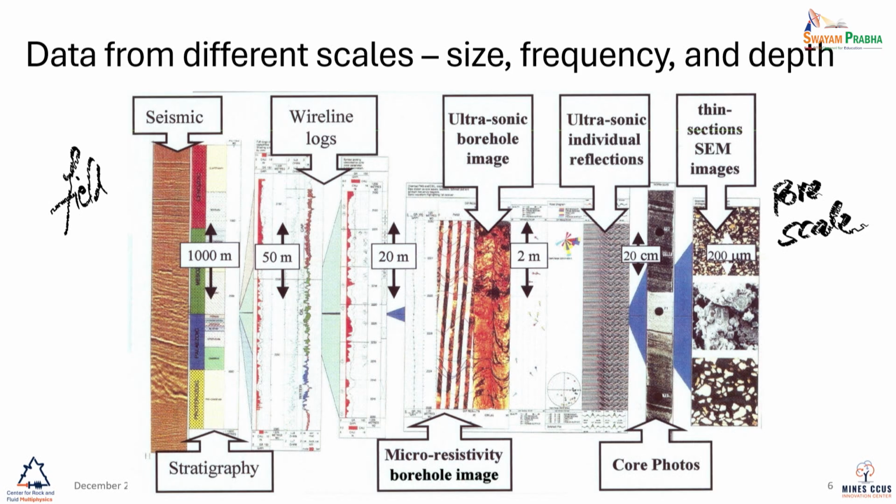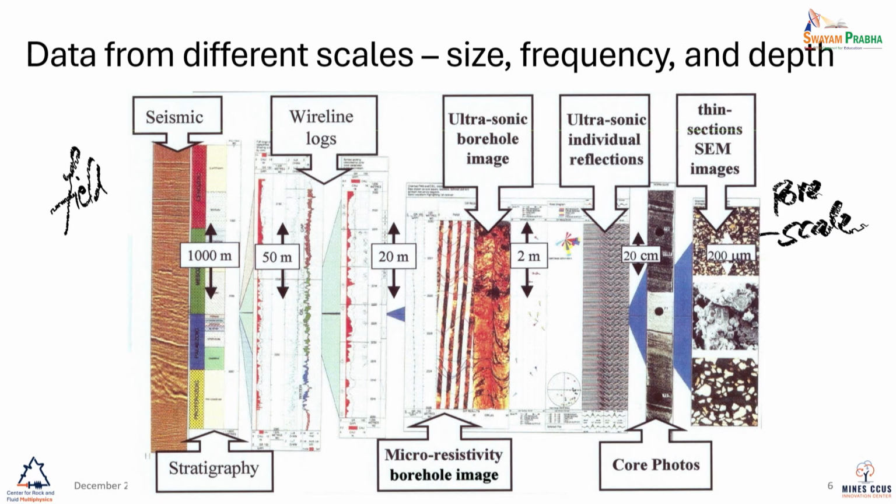So we are required to investigate data at different scales in size, small sample, big sample. Typically, your thin section images will be a couple millimeters long, thick. Your core scale information will be from a couple of centimeters, and so on, till you get to hundreds of meters.